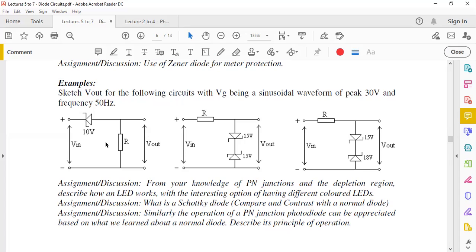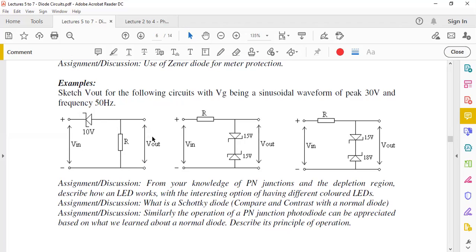Yeah. So if you were to apply now a sinusoidal voltage to this one, for example, this one is pretty simple, if you are in your positive half cycle, you can clearly see here, you will be in reverse mode. It's very important to know whether the diode is in breakdown region or just in normal reverse mode. So whenever you exceed 10 volts now, this is going to maintain 10 volts across it. If you don't exceed 10 volts, then this diode will simply be an open circuit and no current is going to flow.